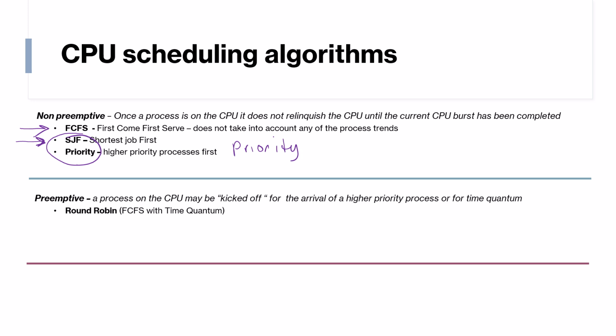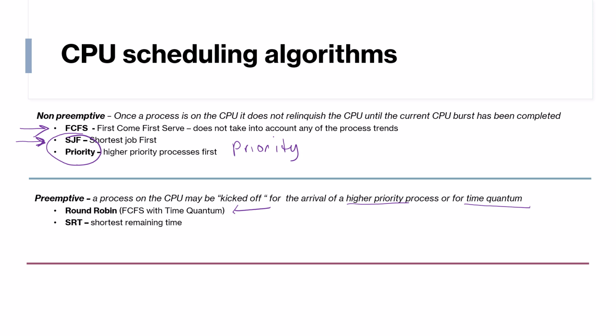Preemptive algorithms mean that a process can be kicked off the CPU, maybe for a higher priority or maybe for a time quantum. The different algorithms that are preemptive are round robin, which is first come, first serve with a time quantum. Shortest remaining time: sometimes a process can get kicked off, but then you only keep track of the remaining time, right?